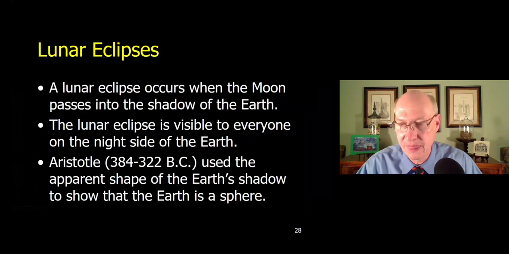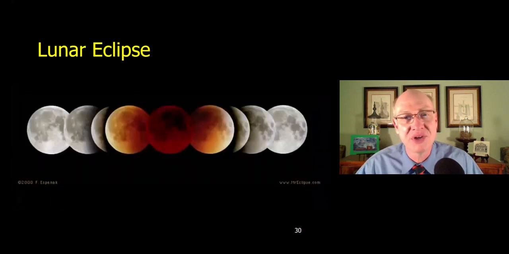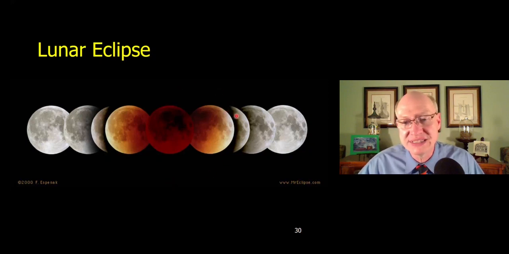Now, lunar eclipses like this are quite important in the history of humanity because, in fact, the great Greek philosopher Aristotle used lunar eclipses to demonstrate that the Earth was spherical. Just from this diagram, you can see the shadow of the Earth right there as the moon passes into the shadow of the Earth. And if you look at the shadow of the Earth, you will see that it's round.